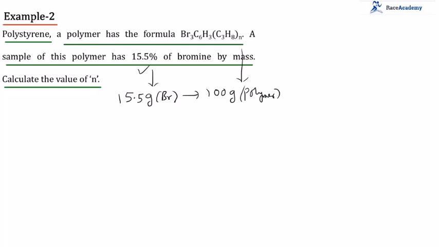In the same way, you can calculate it here. From the formula, we came to know that 3 moles of bromine is there.